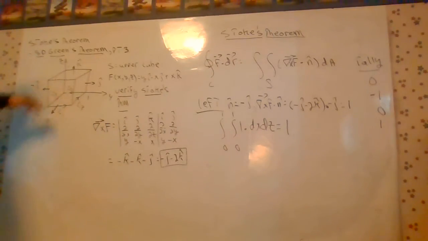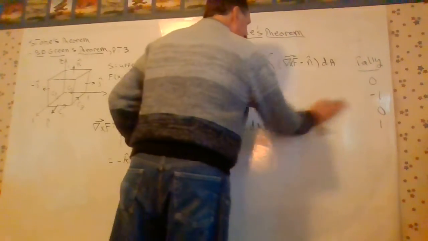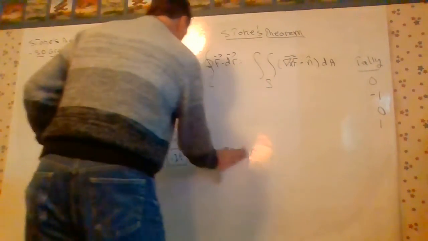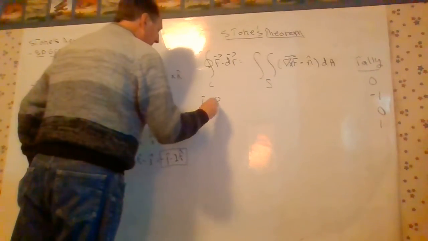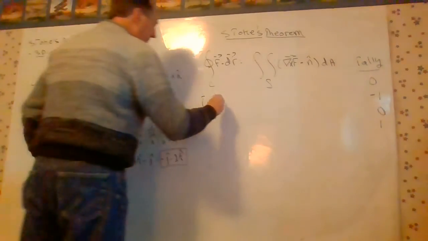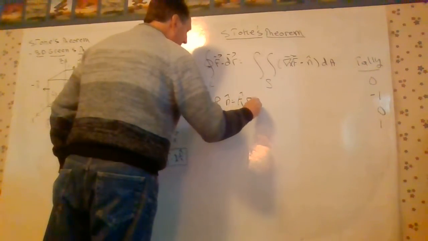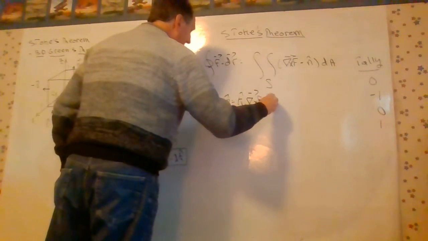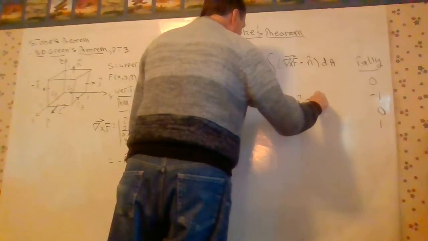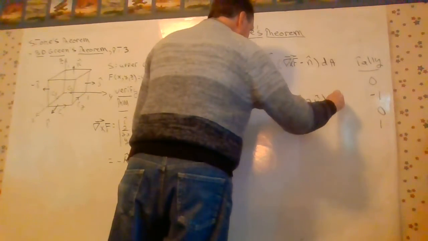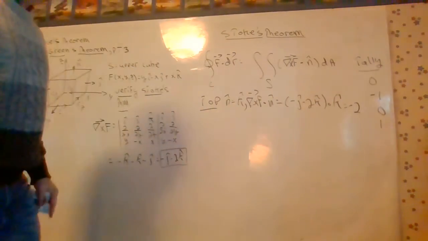You can probably guess what's going to happen on top here. On the top, the normal vector equals k, and del cross F dot n is equal to negative j minus 2k dotted on k, which equals negative 2.